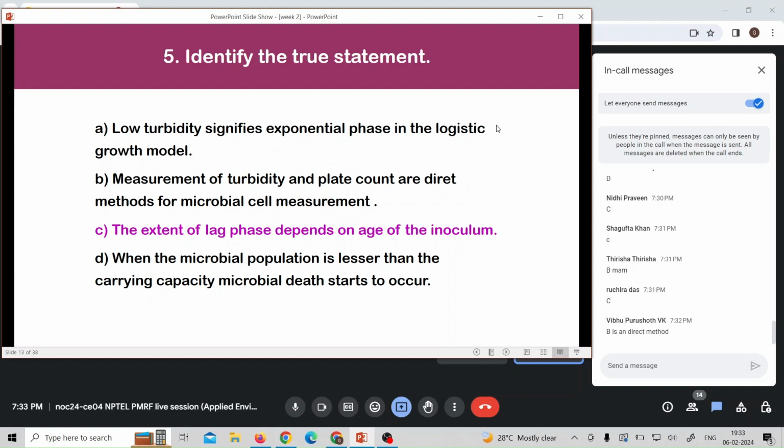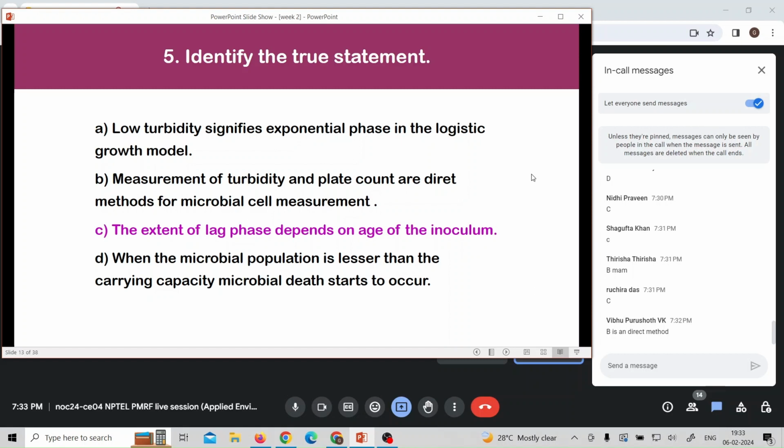That procedure will kill all the other microbes present in the media before you inoculate your microorganism. During that time, the media and the conical flasks will be very clear. Inoculation means adding your microorganism into that conical flask.